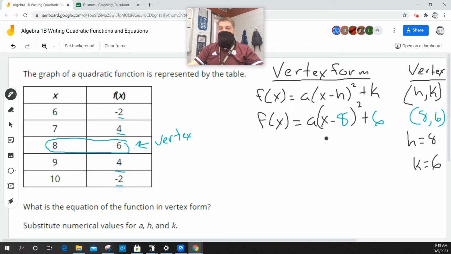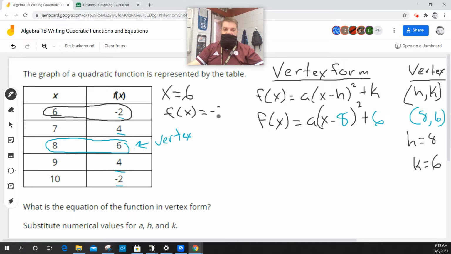So now to find a, I've got to plug in an x and y value. It doesn't matter, I can pick any one of these. Let's go with x equals 6. They have to be of the same pair though, right? So when x equals 6, f of x equals -2. I'm just going to plug that in now. -2 is equal to a times the quantity (6 minus 8) squared plus 6.